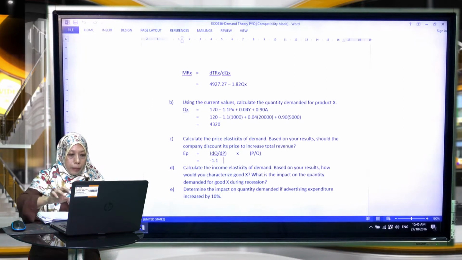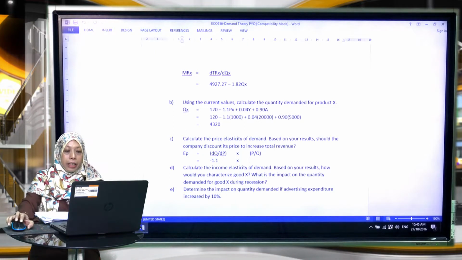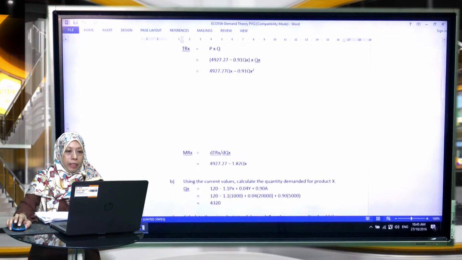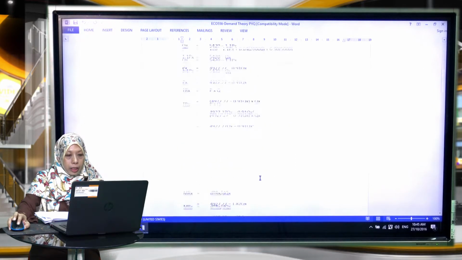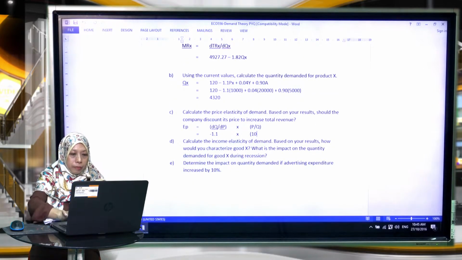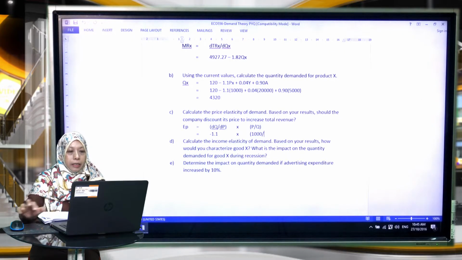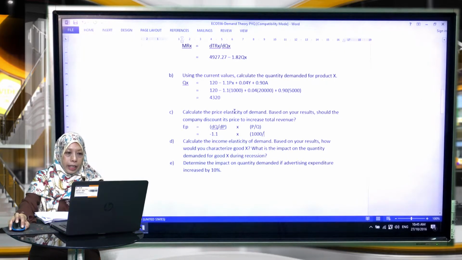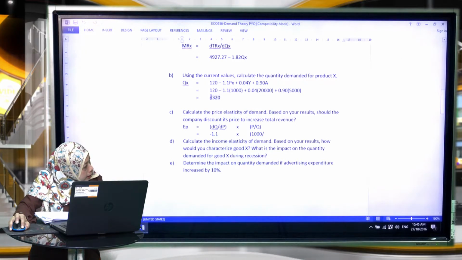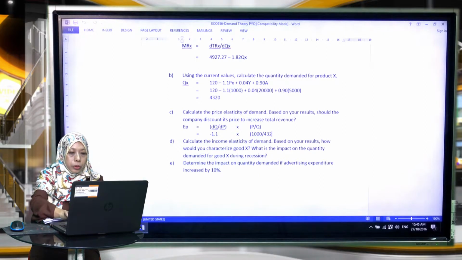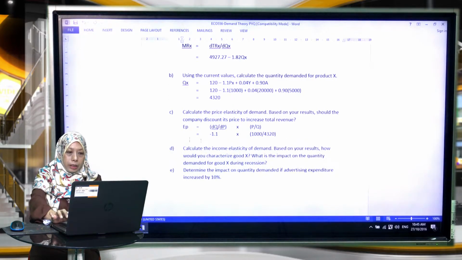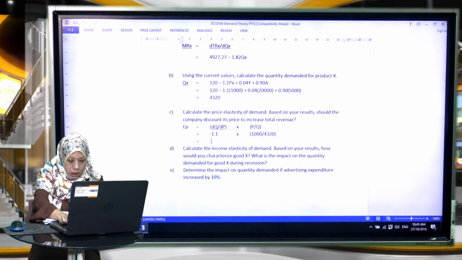Now multiply by the value of P. Your P value just now is given as 1000. Divided by the Q value, which you calculated just now to be 4320. So plug all this into your calculator and you're going to end up getting a coefficient equal to 0.25.